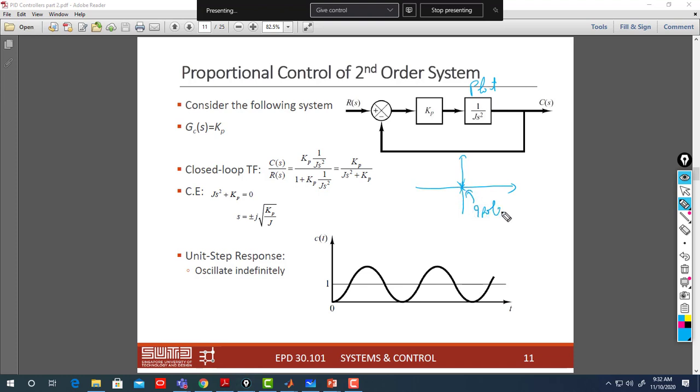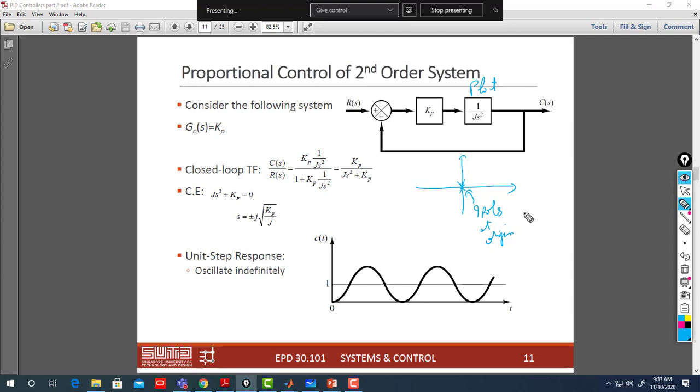So is the system stable or unstable? The open loop system, that's my plant. Is it a stable or unstable system?